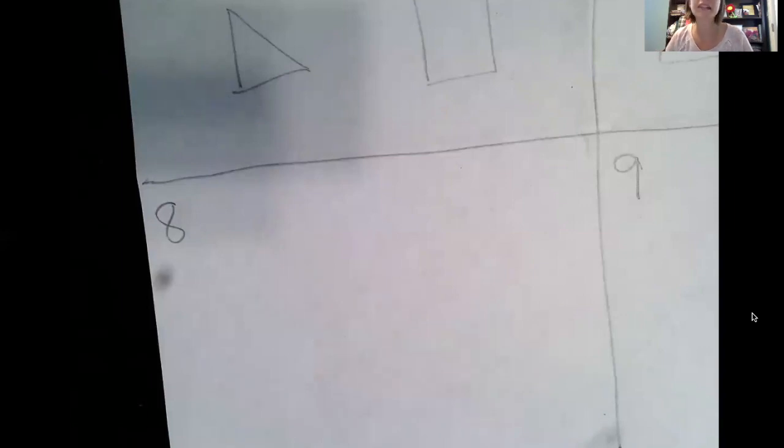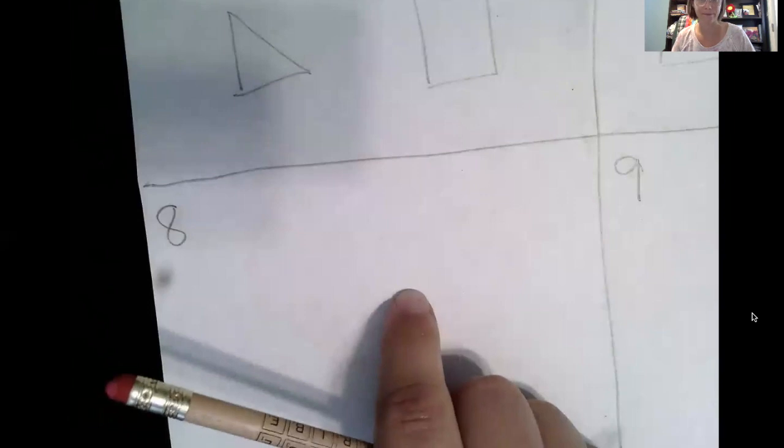All of my sides are the same. 4 sides, less than 5 vertices, and all my sides are the same. Draw the shape here. And then go to number 9.